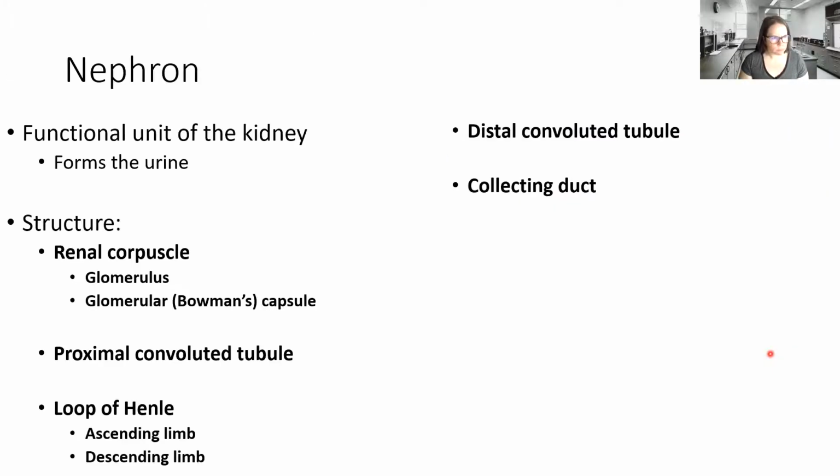Now the nephron, as we discussed, is where we're making urine, and it's divided into different regions. We're going to have the renal corpuscle, which is where we start our filtration. We go into the proximal convoluted tubule, down and then back up the loop of Henle, into the distal convoluted tubule, and then to the collecting duct.